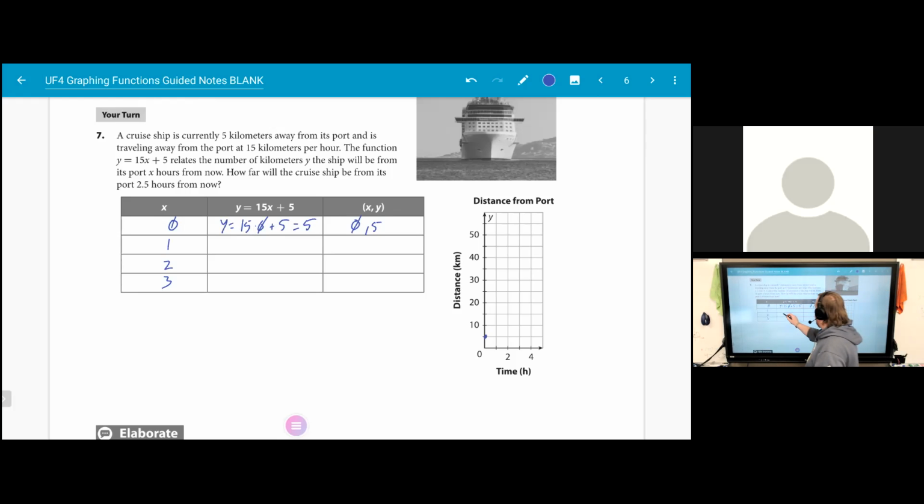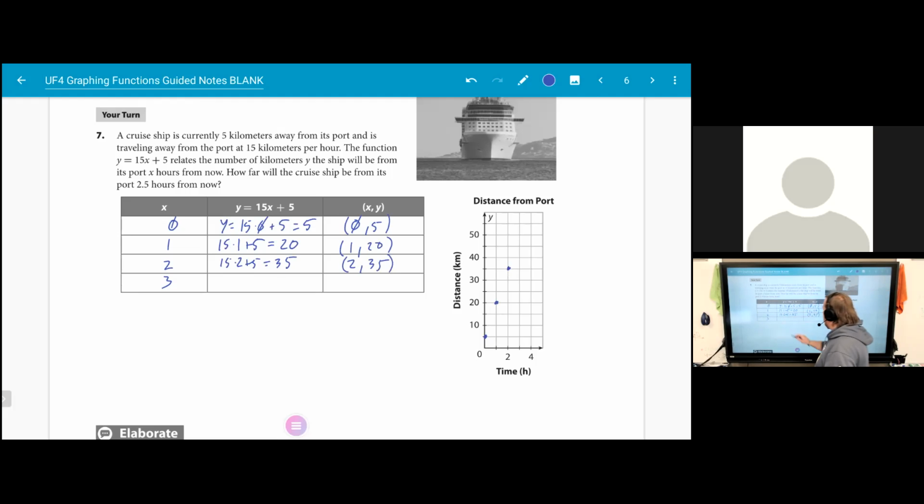When x is 1, I have 15 times 1 plus 5. Well, 15 times 1 is 15, plus 5 is 20. So when x is 1, y is 20, 1 and 20. When x is 2, I have 15 times 2 plus 5. So 30 plus 5 is 35. When x is 2, y is 35.